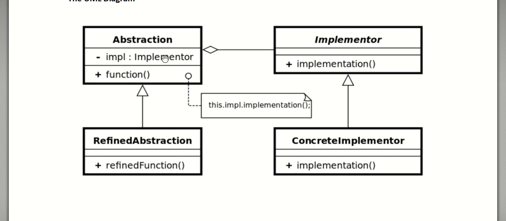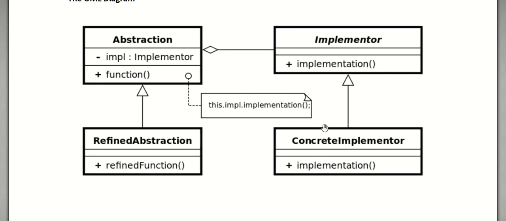In that case, I will simply inherit from my abstraction message. I will create a new message type called MMS message, and also I provide an implementer, that is the IMessageSender. So the way I have SMS message sender and email message sender, I will create one more class called MMS message sender.